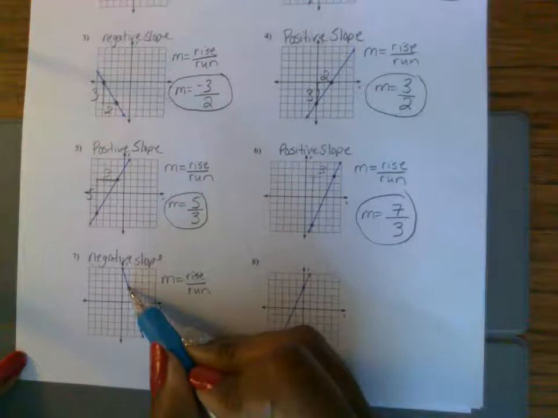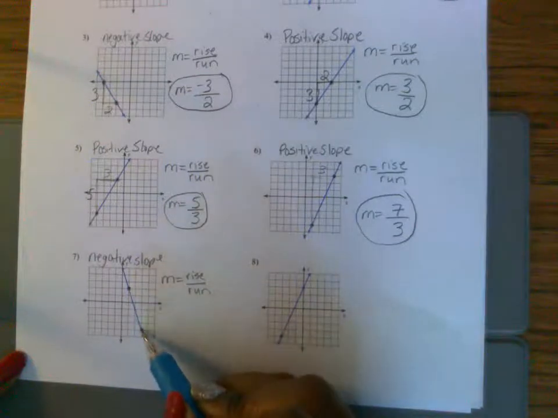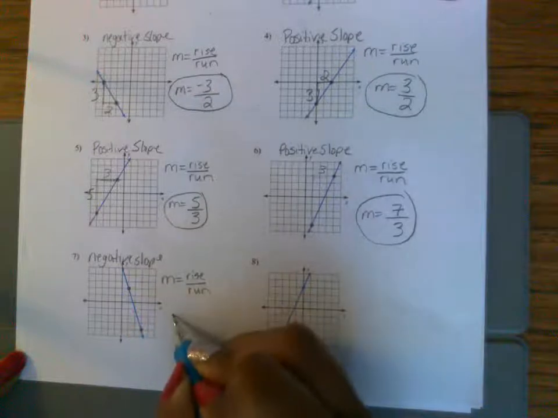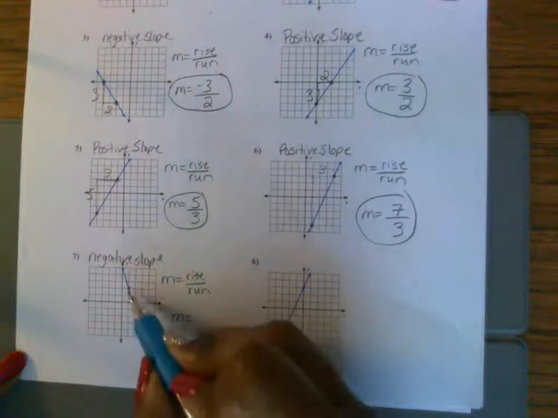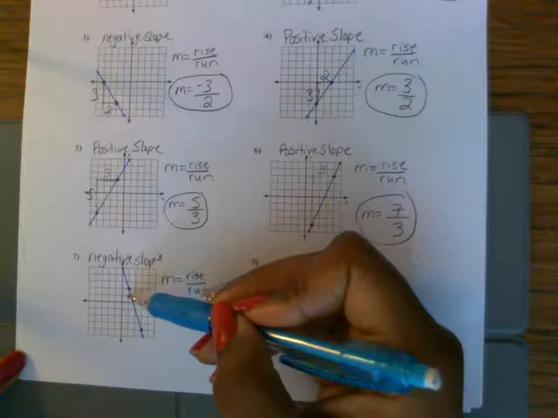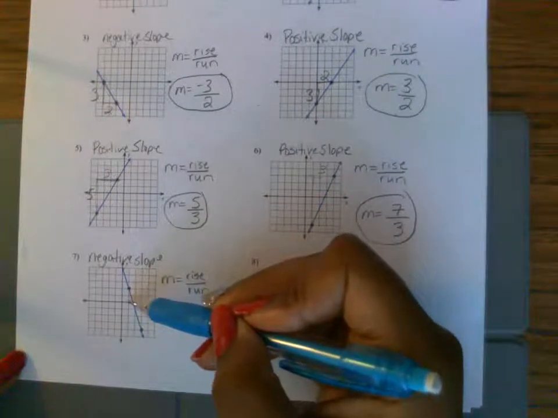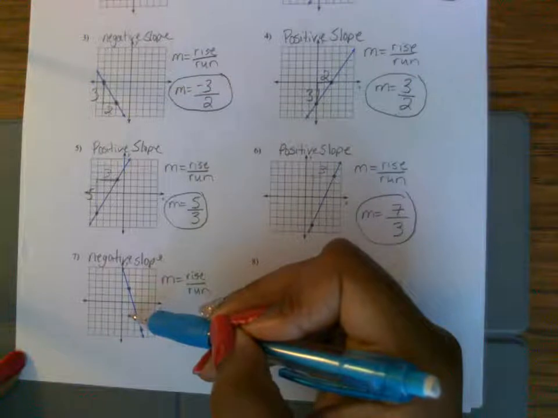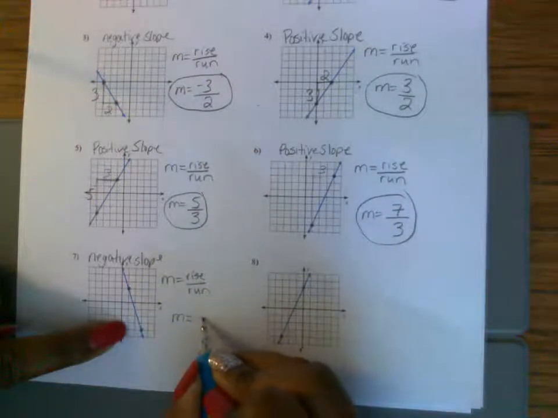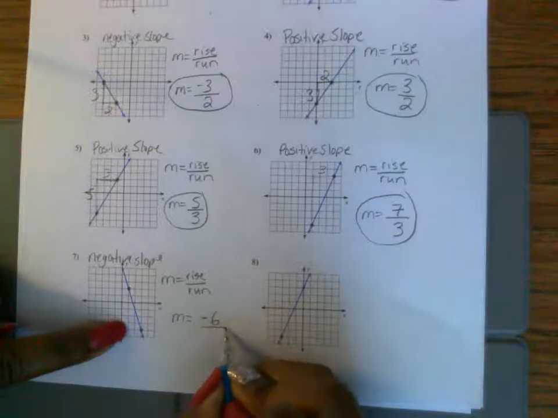So to get from this point to this point, using the grid lines, I have to go down. So my top number is going to be a negative. So let's count. Watch me count. I go from here to here. This is 1, down 2, 3, 4, 5, and 6. So my top number is a negative 6 because I go down 6.